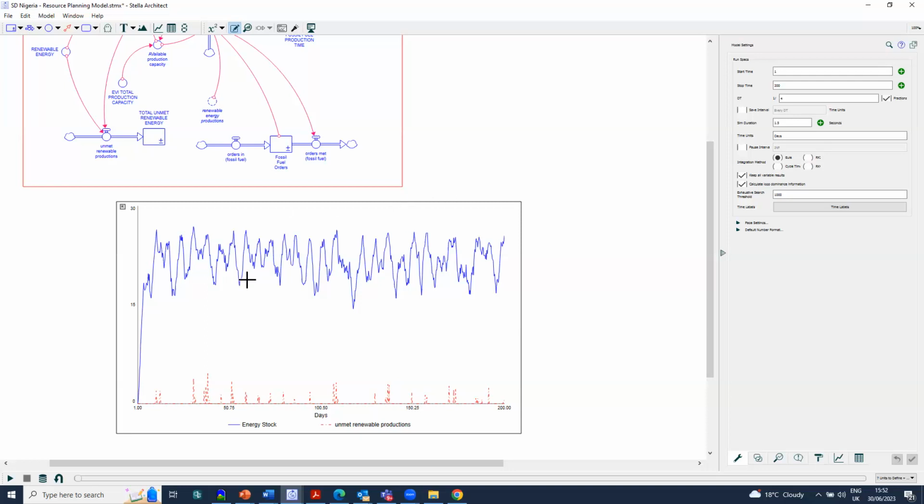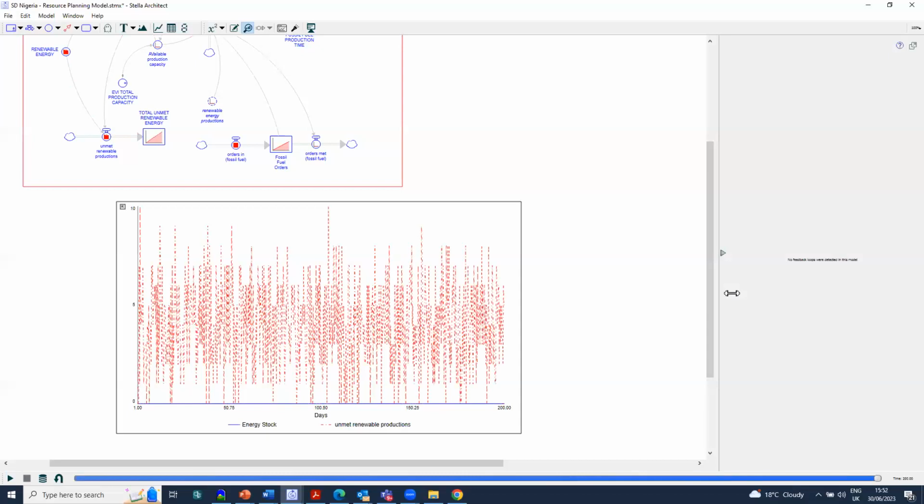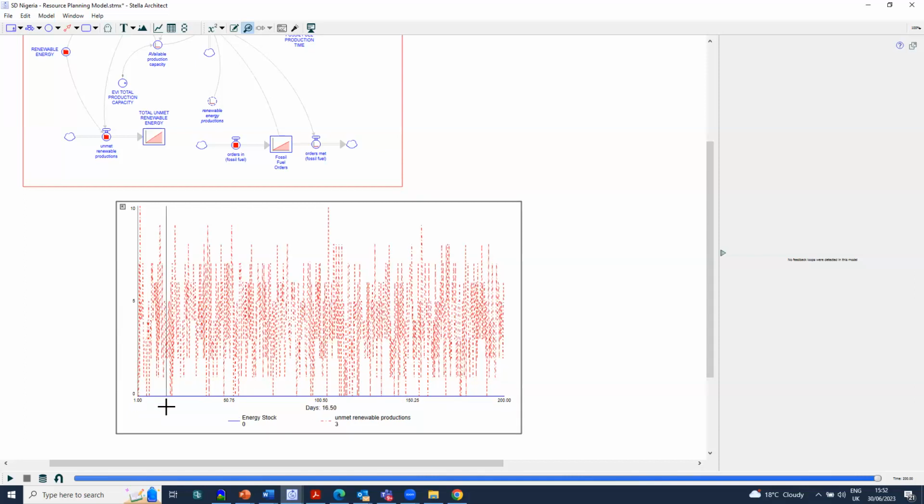So let's run it. Look at the net production, see how big it is, and look at the energy in stock. You see 0 at the bottom. This is what has happened with the model.